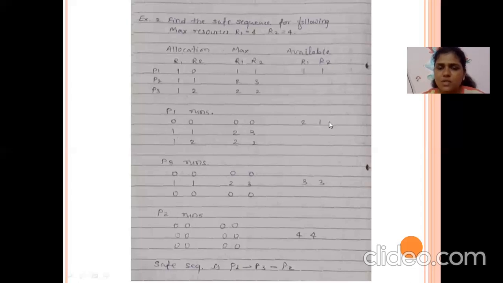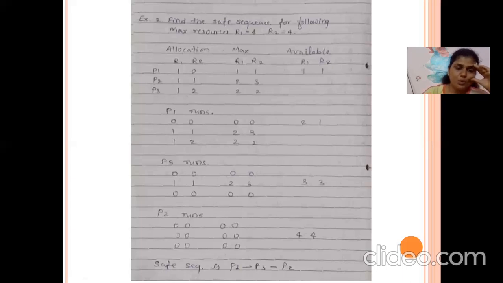What is the change done in the available matrix? Previous value of available plus whatever was allocated to P1. So all those are added here in the available. Now we have P2 and P3 which can be executed. Out of these P2 and P3, whose need can be satisfied?